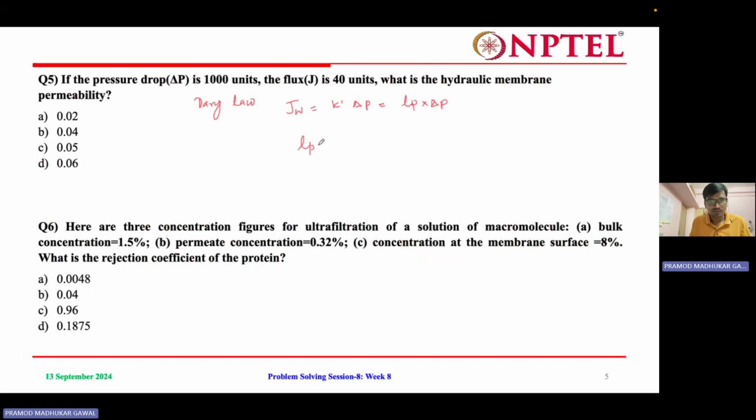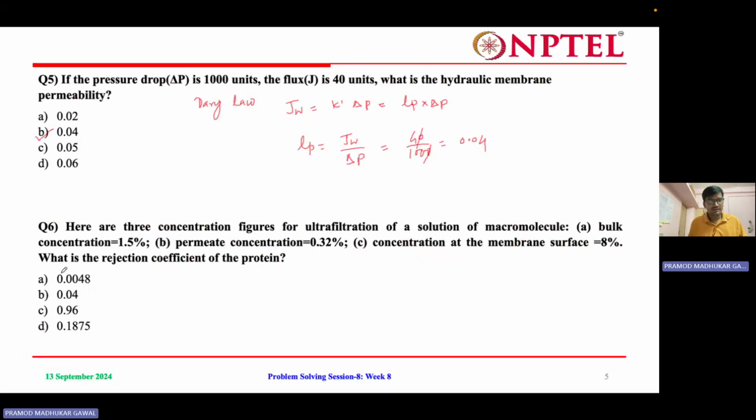So LP is equal to JW divided by delta P. JW is given as 40 and the pressure drop is 1000 units, so 40 by 1000 is 0.04. So the permeability is 0.04. Checking the options, B is correct.